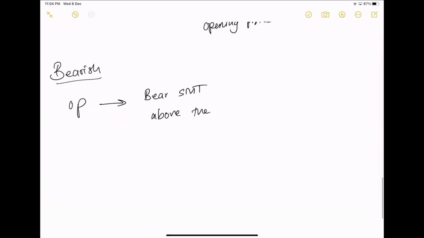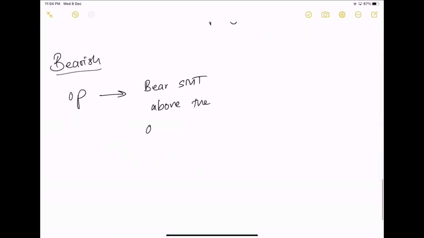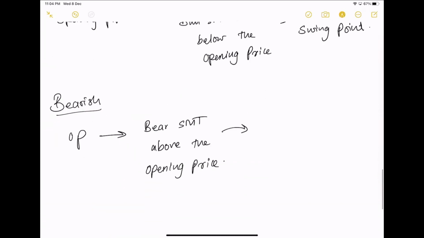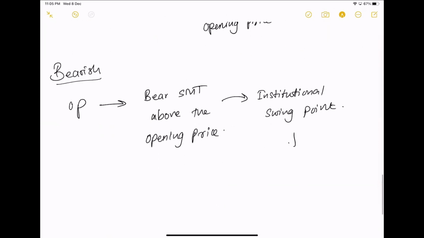So bear SMT above the opening price, and finally an institutional swing point which supports a sell. And then what you could do is insert your own entry model.